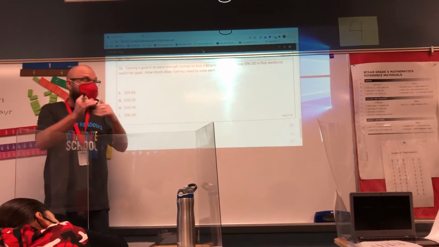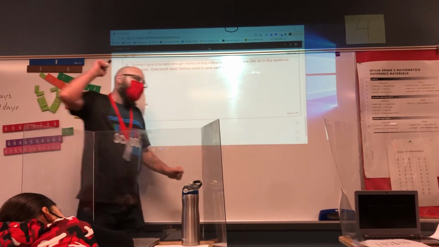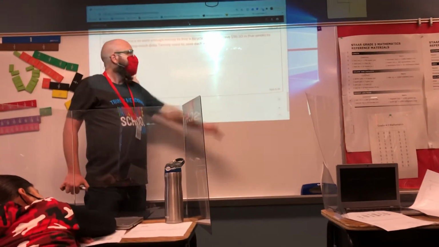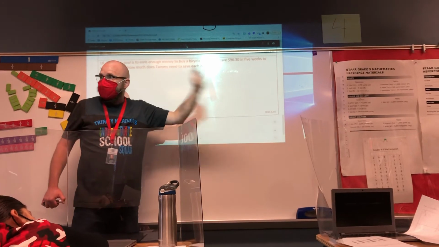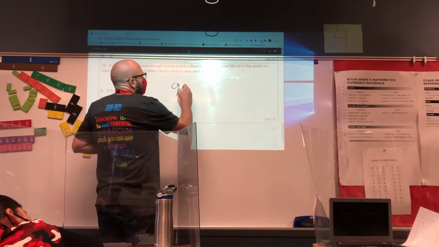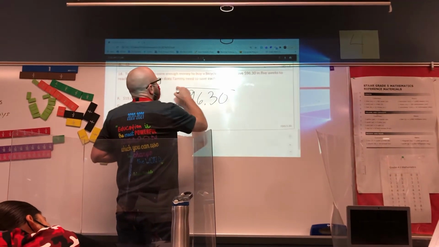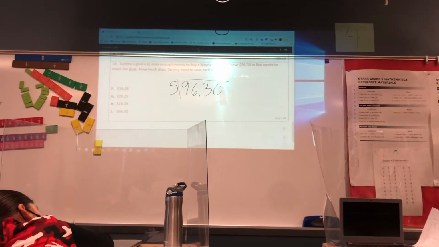The amount per week is going to be less than $96.30. The only ways you know right now to get a number and make it smaller are dividing or subtracting. So we're going to divide $96.30 by 5: the amount of money she needs divided by the number of weeks she has to save it.